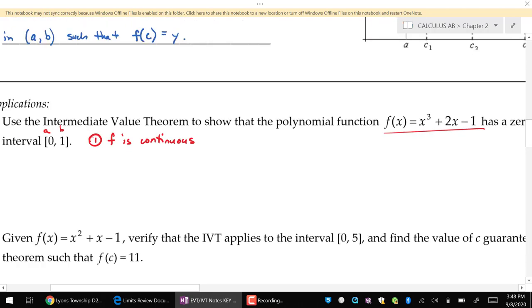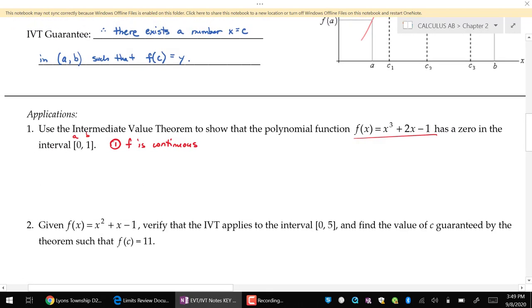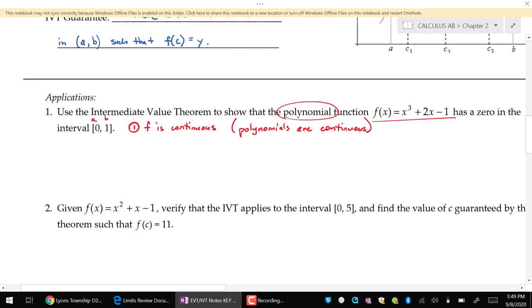Now, I can't just make that claim without knowing for sure that it's continuous. And remember that all polynomial functions are continuous. So polynomials are continuous. You wouldn't necessarily have to write that, but that's the reason we know f is continuous in this case.